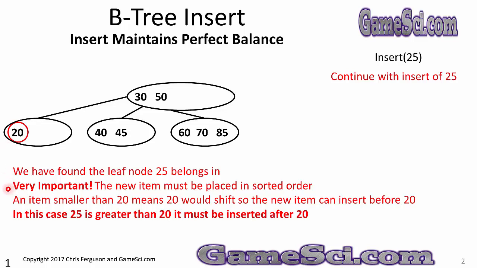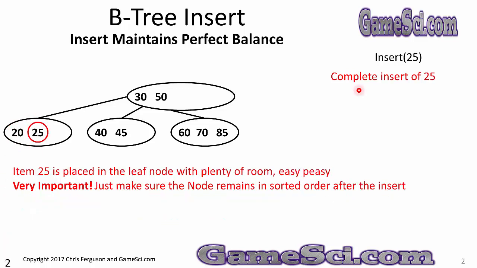Very important, the new item must be placed in sorted order. An item smaller than 20 means 20 would shift, so the new item could insert before 20. In this case, 25 is greater than 20. It must be inserted after 20. 25 belongs right there.